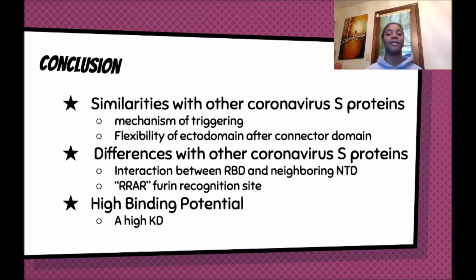Structurally, the primary difference between these S proteins, specifically COVID-19 and SARS, is that the receptor binding domain of the SARS rests more tightly against the neighboring protomer's N-terminal domain. The main functional difference between COVID-19 and similar coronavirus S proteins is the presence of a furin recognition site, which probably allows it to be more binding effective.